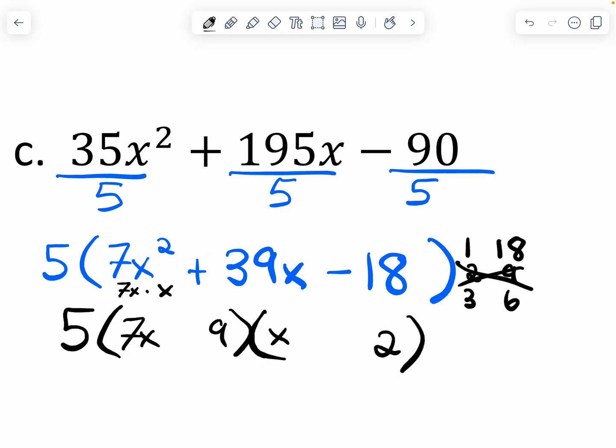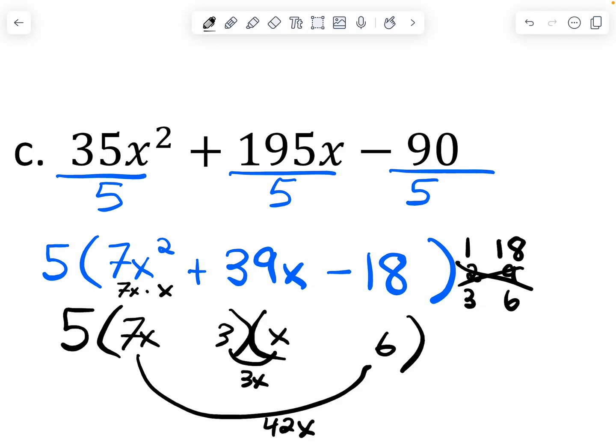So then I'm going to try my 3 and 6. So if I do that, 3 times x is 3x. 7 times 6, or 7x times 6, sorry, is 42x. And I know I want them to multiply to a negative, so one must be positive, one must be negative.